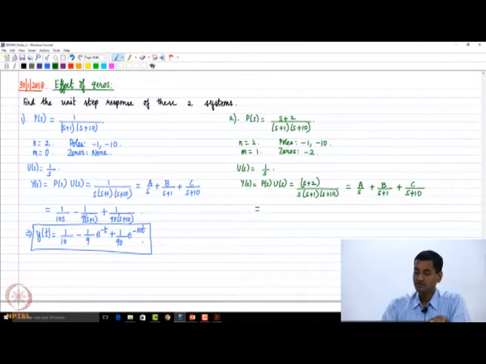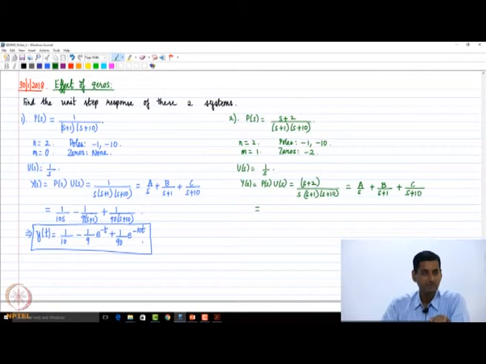S plus 2 is a factor in the numerator, right? The order is still lower than that of the denominator. When you take the partial fraction expansion, you only consider the denominator factors. There are three first order terms in the denominator, so the corresponding residues will just be constants in the numerator.